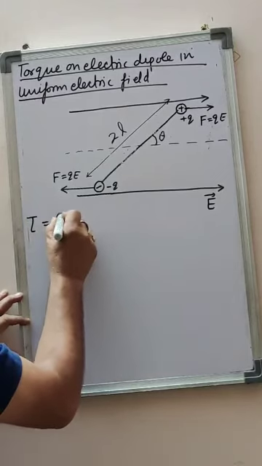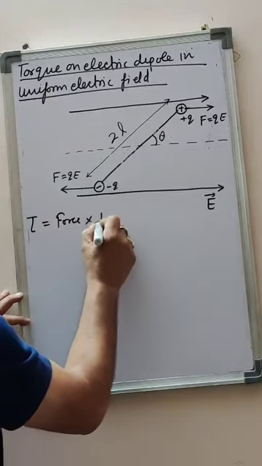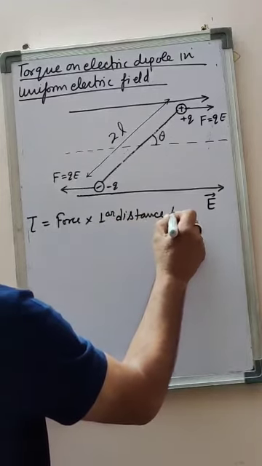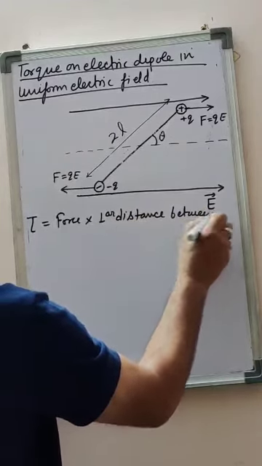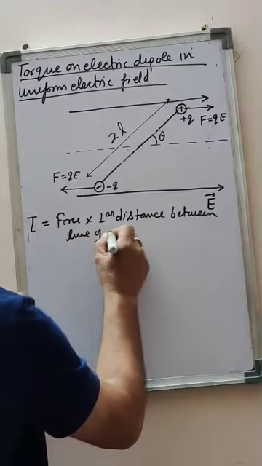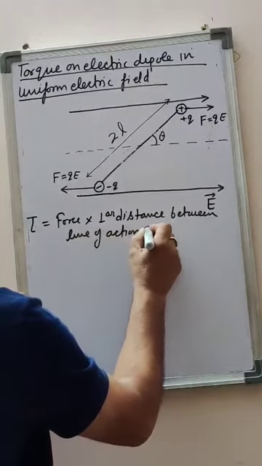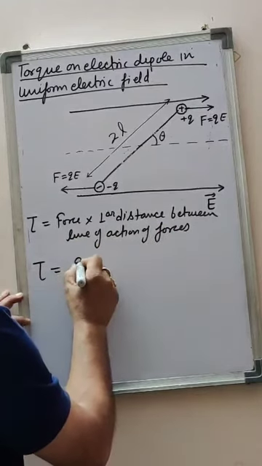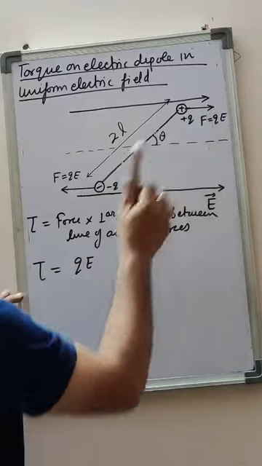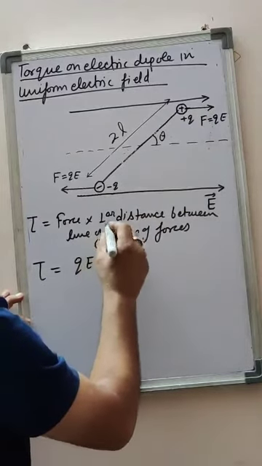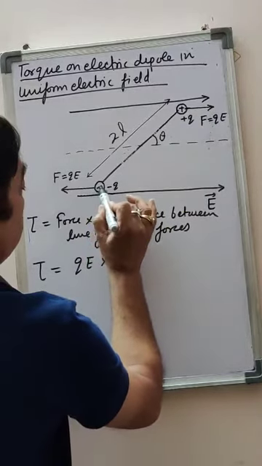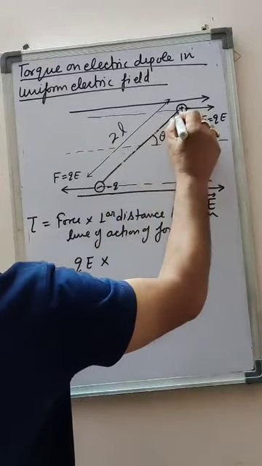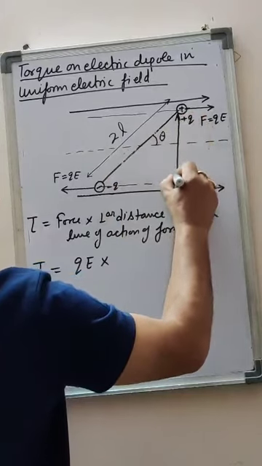torque is force into the perpendicular distance between the lines of action of the forces. So torque is equal to force, which is qE, and the perpendicular distance is, now this is the line of action, this is the line of action, this distance will be the perpendicular distance.